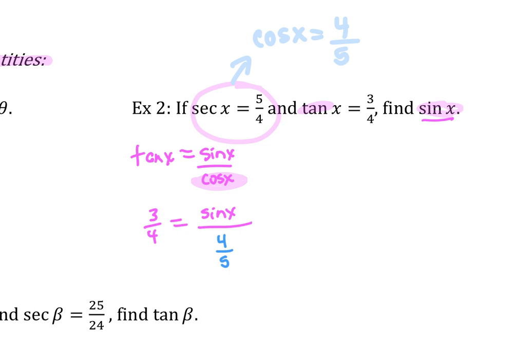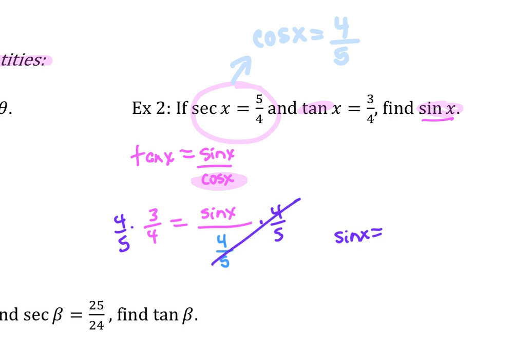Now if we're trying to solve for sine in this problem, sine is being divided by something, so what are we going to do in order to solve? Yeah, we've got to multiply. So if we multiply both sides by 4/5, then what do we get for what the sine of x is equal to?